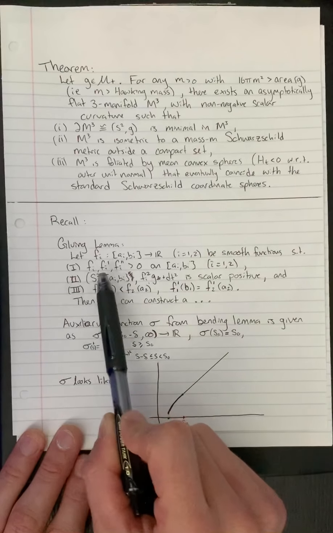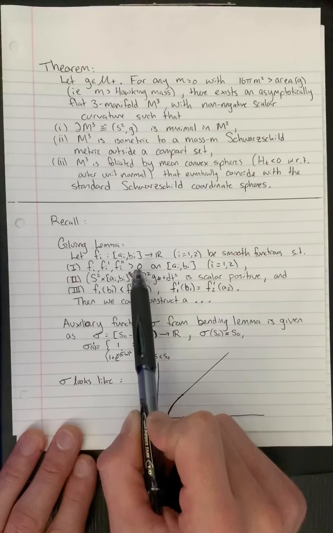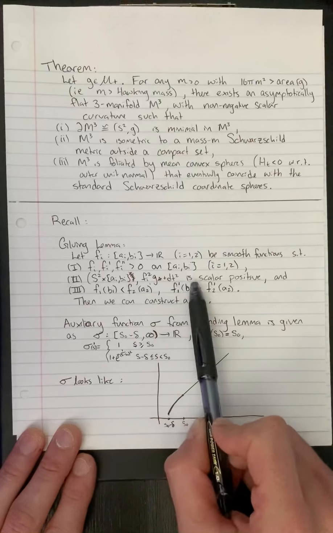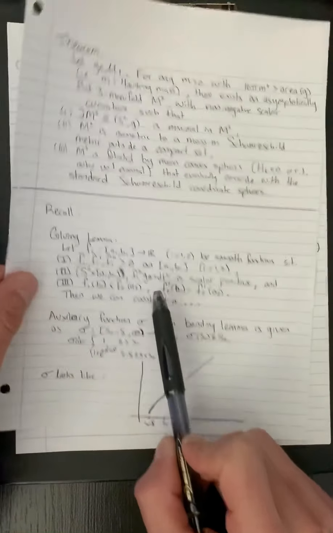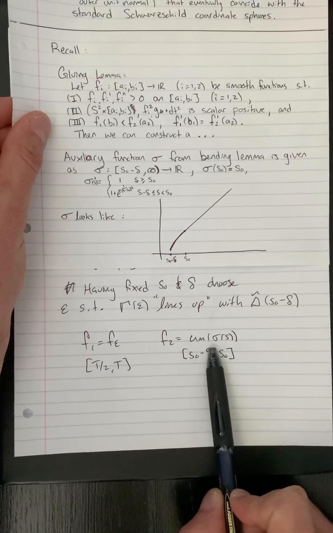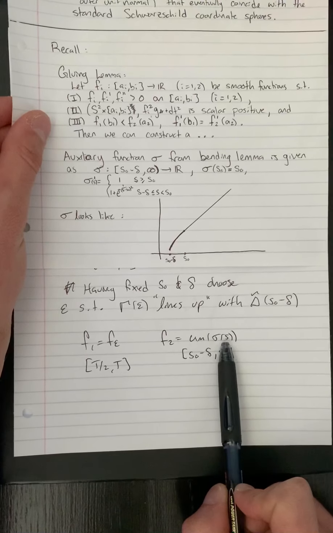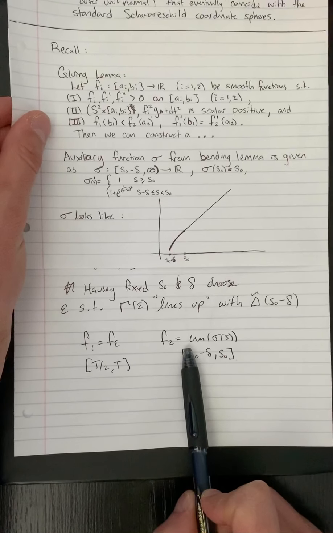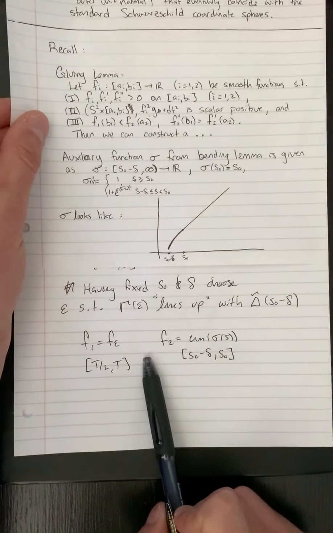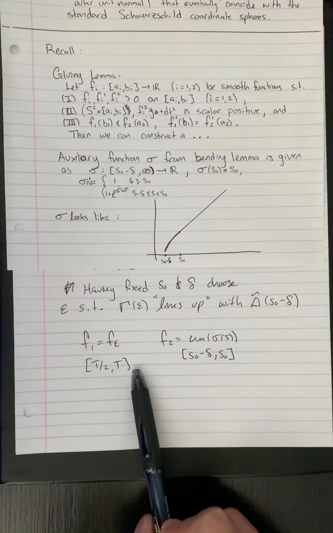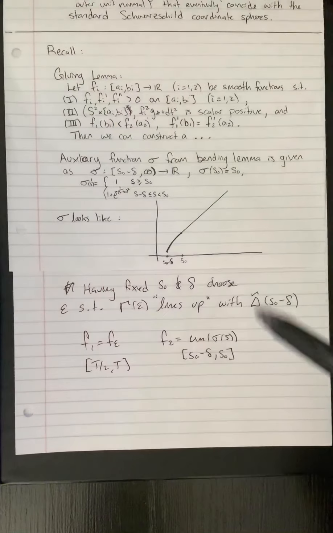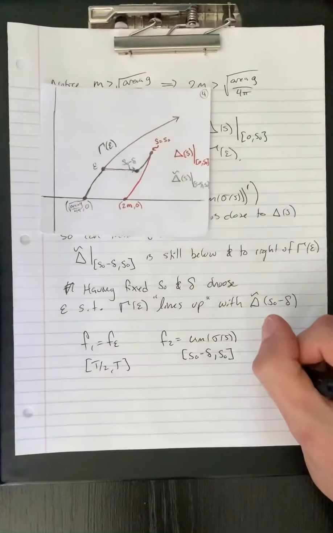All the derivatives, the first, second, and 0th derivative, are all positive on their respective intervals. The scalar curvature of f1, i.e. f epsilon, is positive by nature, and this is how we chose sigma, so that the scalar curvature of f2 is positive on its interval. And because of the way we chose epsilon and delta and S0, condition 3 is satisfied. And so that actually concludes the proof.